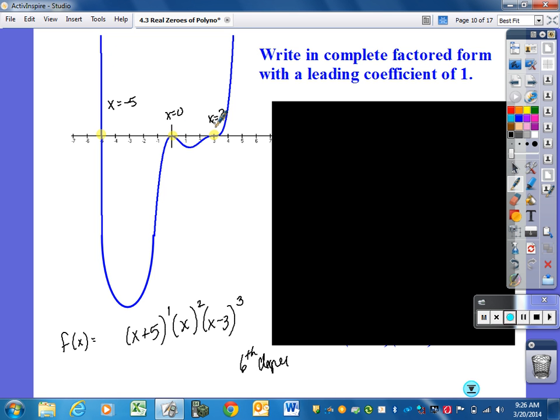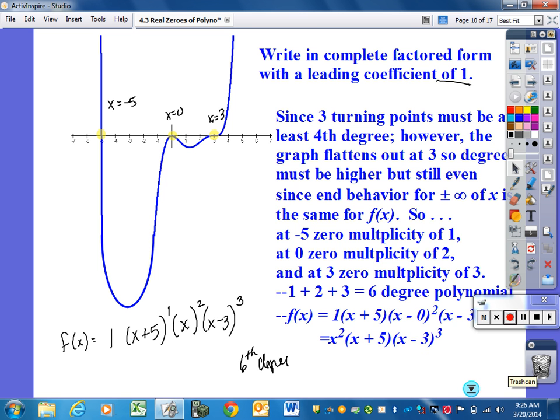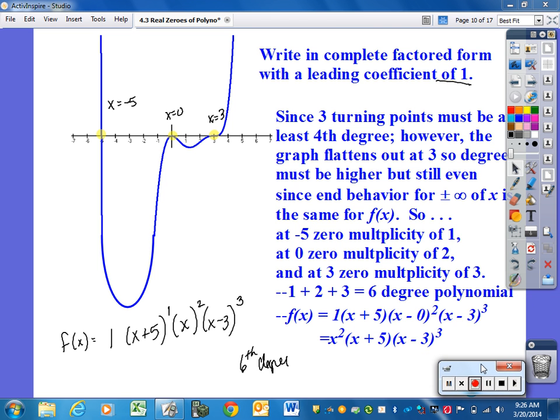As I go towards positive infinity, my y's go towards positive infinity. When your end behaviors are the same, and they said my leading coefficient was a +1, would a 6th degree match that? Yes, it would. And back here is all the words I just said for an explanation of what occurred.